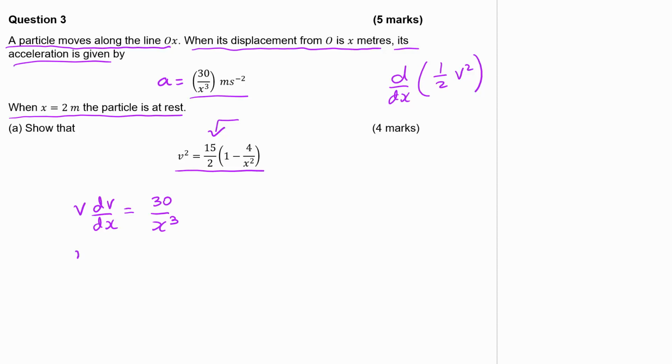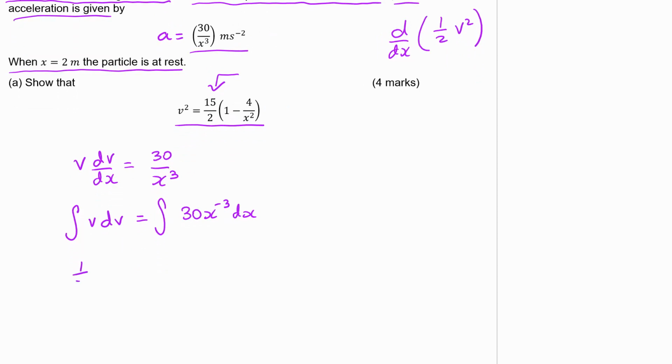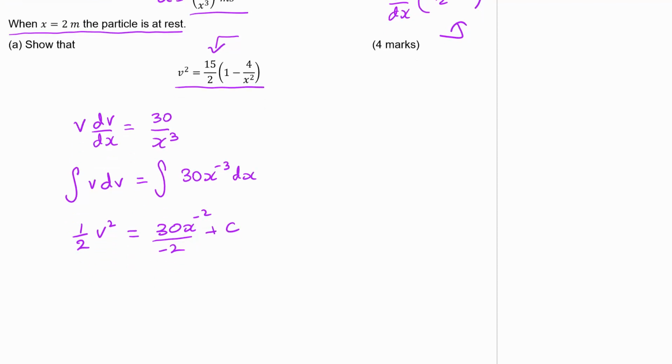And so we have the integral of v dv is equal to the integral of 30x to the negative 3 dx. So this one is a half v squared, which is what I was saying we could get there anyway if we'd use this one. And we are then going to have 30x to the negative 2 over negative 2 plus some constant.